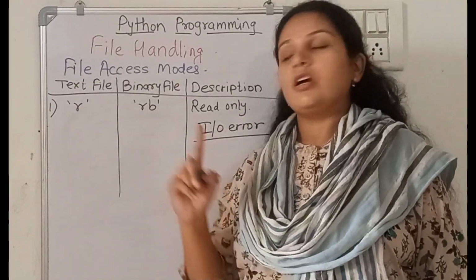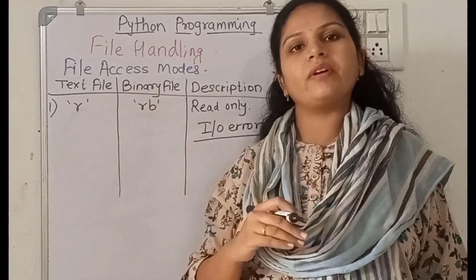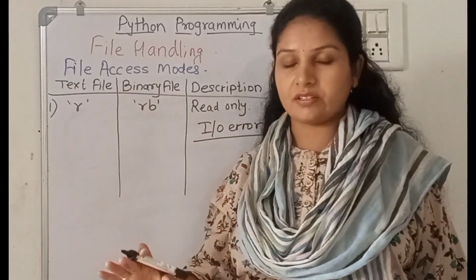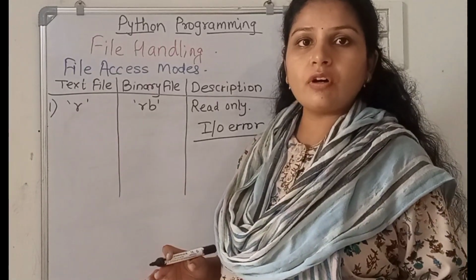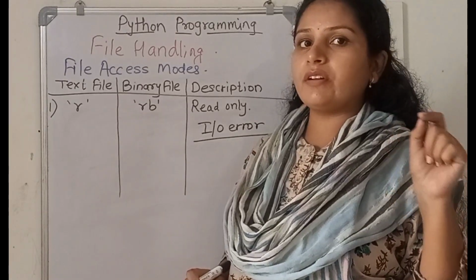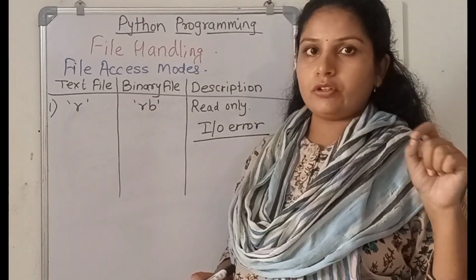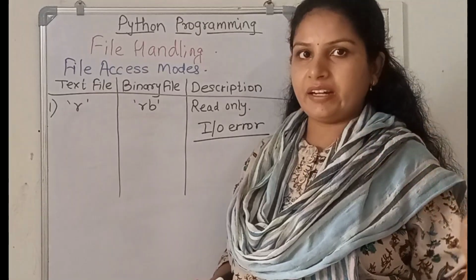That means whatever file you are taking as an input for the program, that file does not exist in the computer system. So what should you do? First of all, make sure that whatever file you are accessing from the computer system is already created.